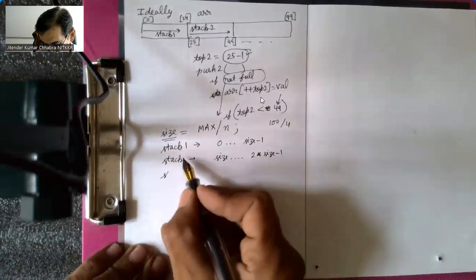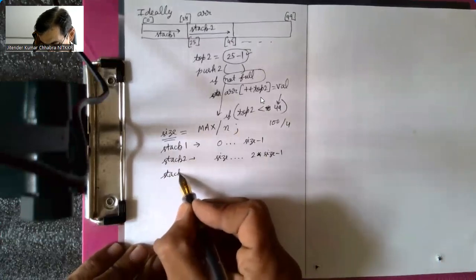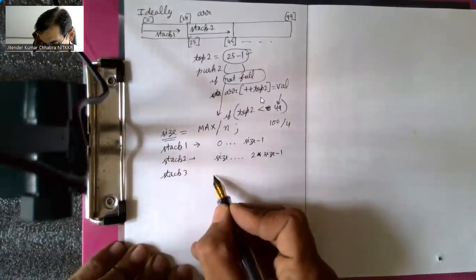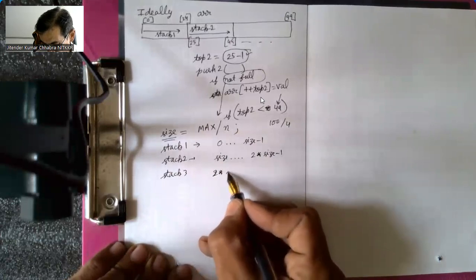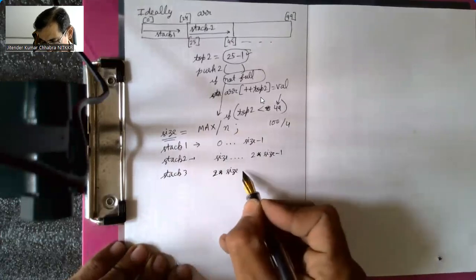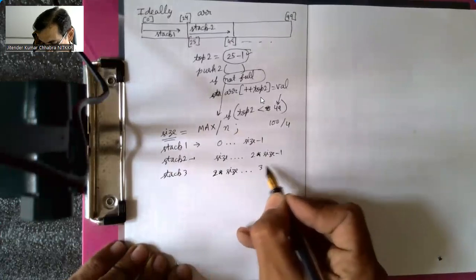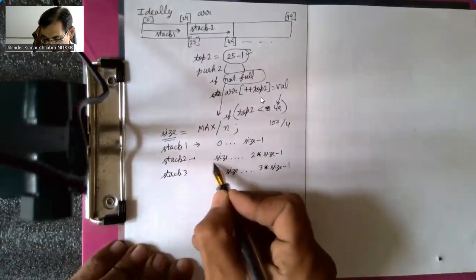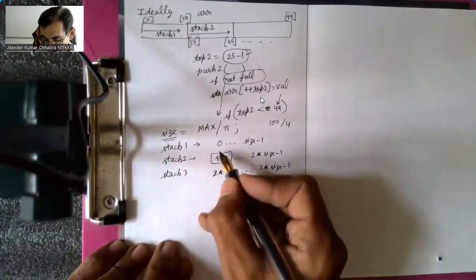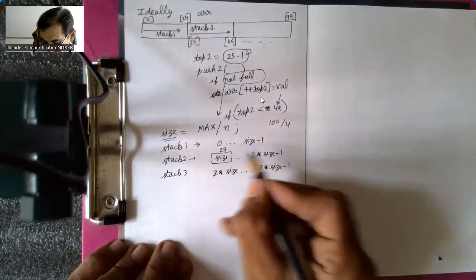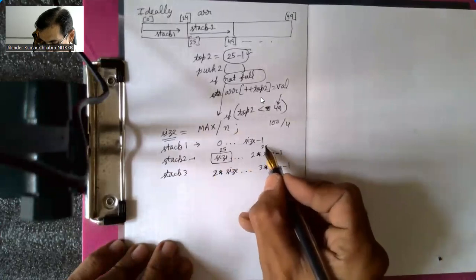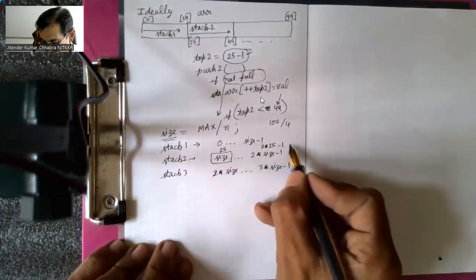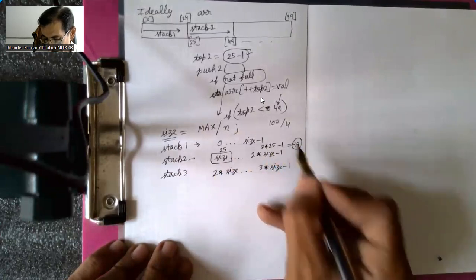Similarly, stack 3 will start with 2 into size and will go up to 3 into size minus 1. For example, stack 2, I said, could start from 25 and go up to 2 into 25 minus 1, that is 49.